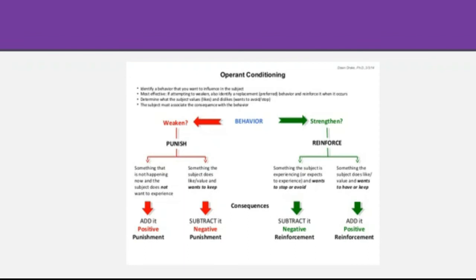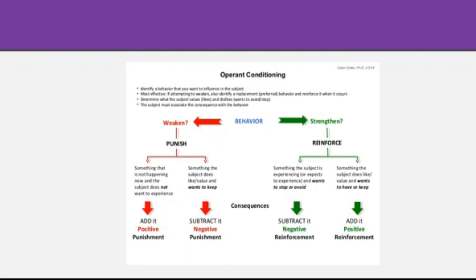Kung sa positive punishment, may inaalis tayo para ma-lessen that behavior, halimbawa, gusto mo na yung anak mo ay kumain ng gulay. Okay? You are taking away to that baby para kumain siya ng gulay.